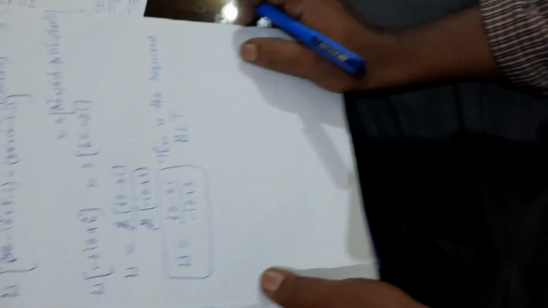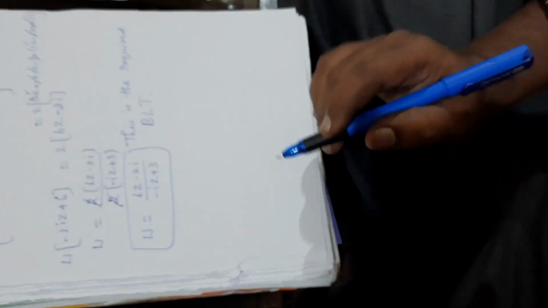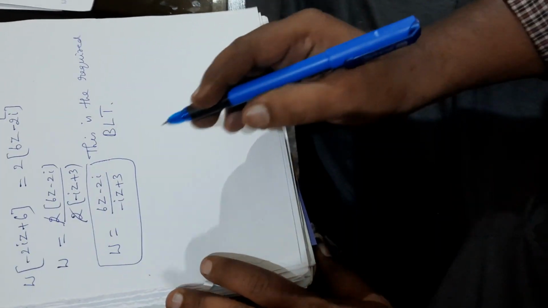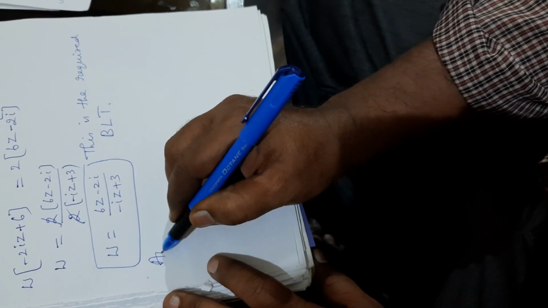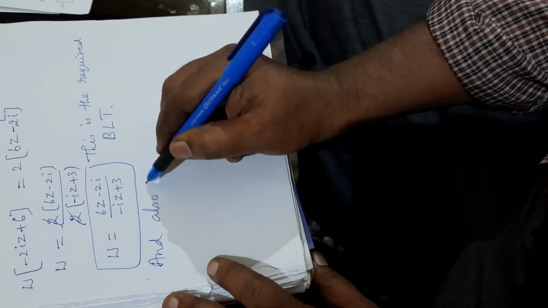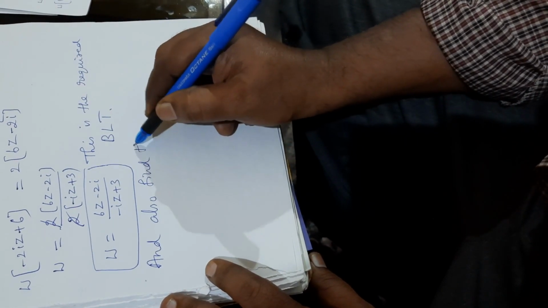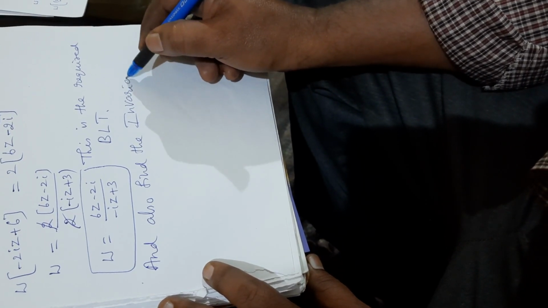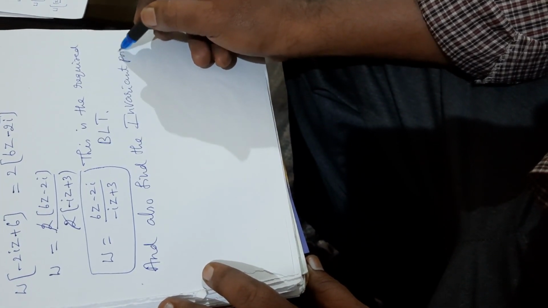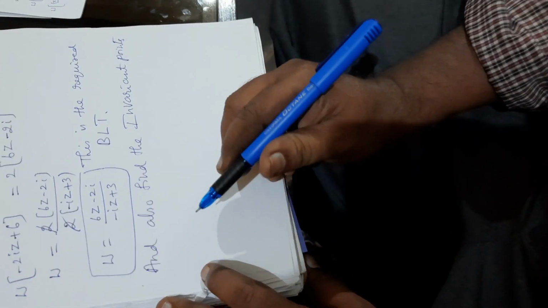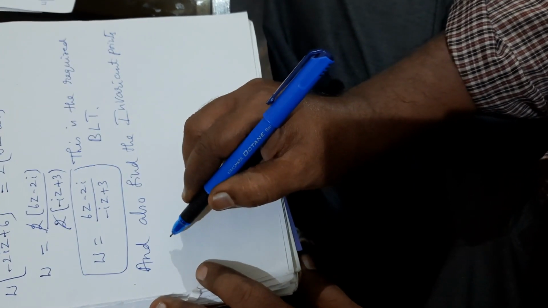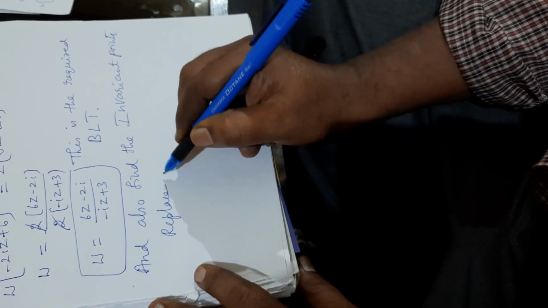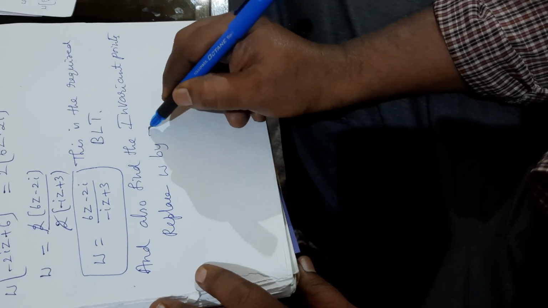Next, further, another sub question is find the invariant points, or find the critical points. Here replace W by Z, right?